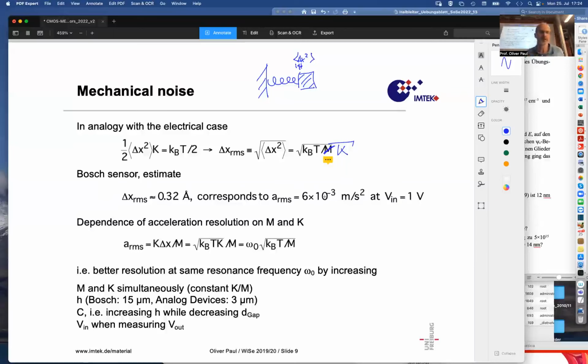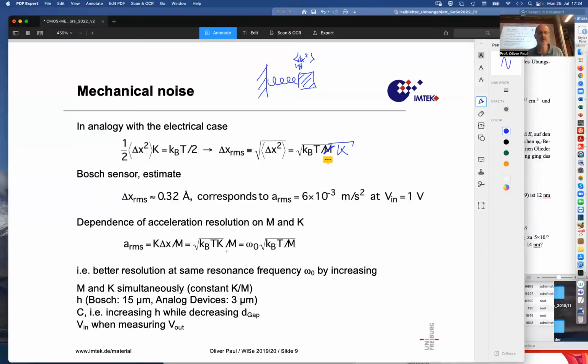And so there are some conclusions here, how to express this root mean square noise in terms of acceleration due to mechanical effects. It's given here, and here the M is correct.